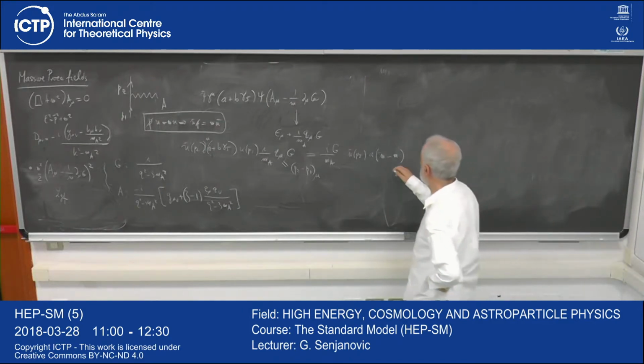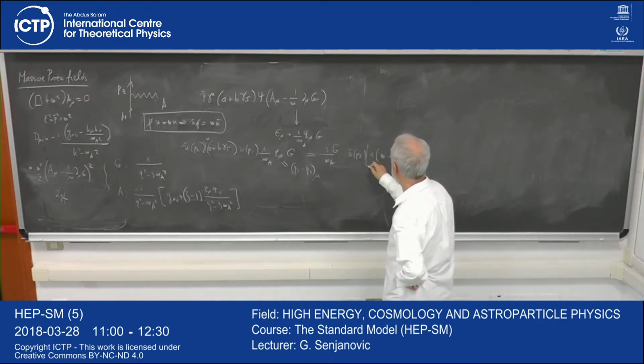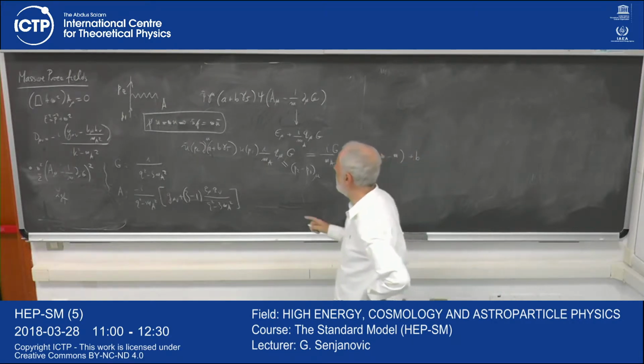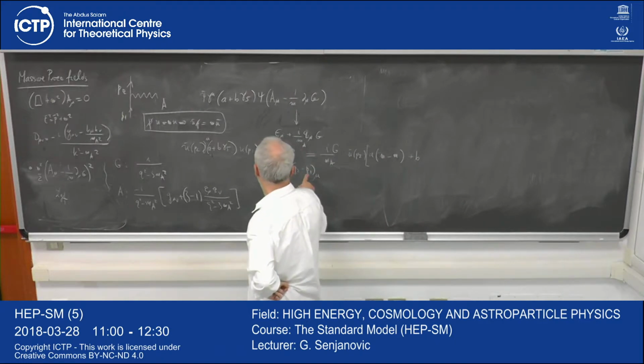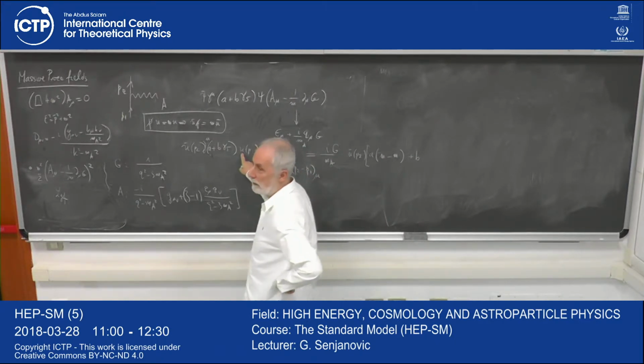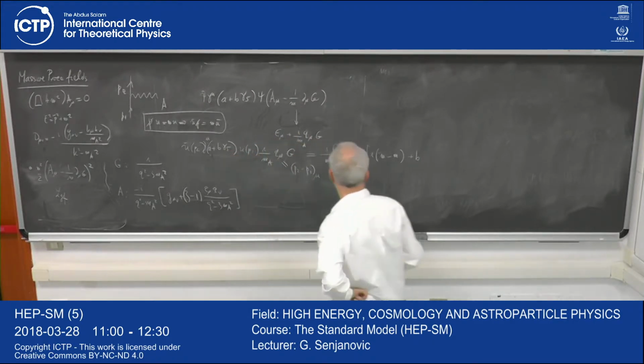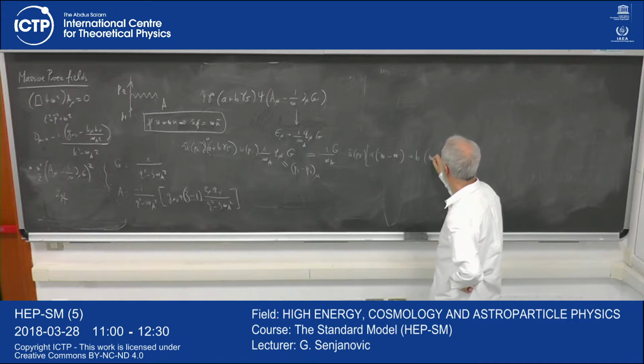So I will get the difference A, then the B. Notice in the case of B, that P1 gives me m. But in order to act on P2, I have to go through gamma 5.